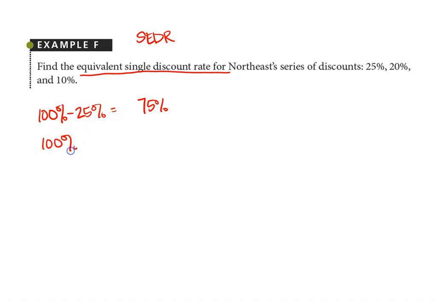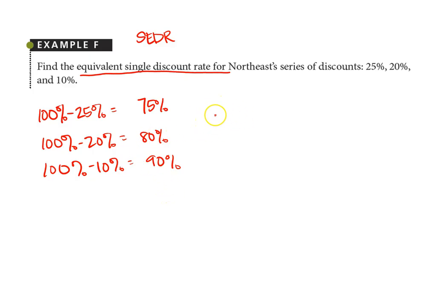So the complement of 20% is 80%. And then finally, the complement of 10% is 90%. Okay, so those are just the complements. Once you find all of the complements, what we're going to do is to multiply them together.